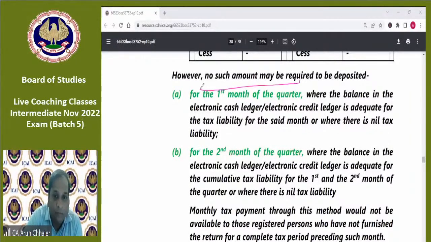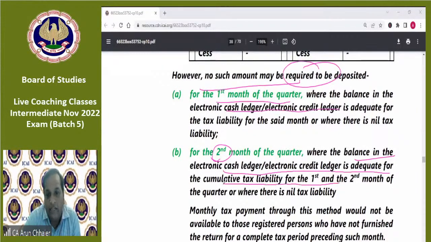However, no such amount may be required to be deposited through PMT06 for the first month of the quarter where the balance in the electronic cash or credit ledger is sufficient. Suppose you have sufficient cash or credit ledger, then the amount is not required to be deposited. For the second month of the quarter, where the balance in the electronic cash and credit ledger is adequate for the cumulative tax liability for the first and second month of the quarter, or where there is a nil tax liability.